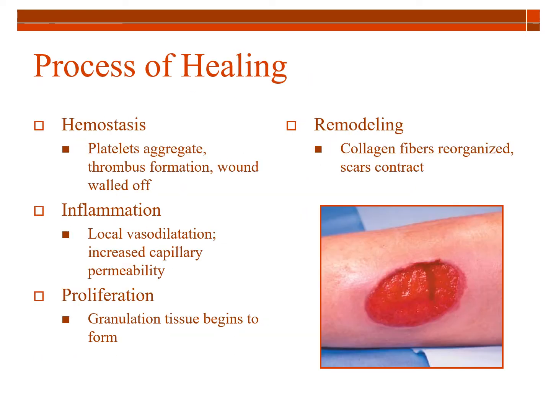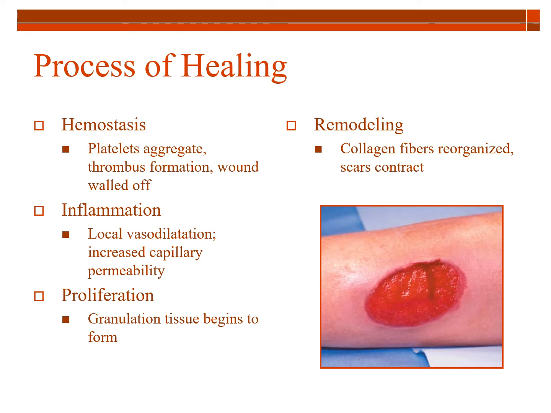Let's discuss the process of healing. The first step in the process of healing is hemostasis, which involves platelet aggregation and thrombus formation. The wound is walled off. The next step is inflammation.